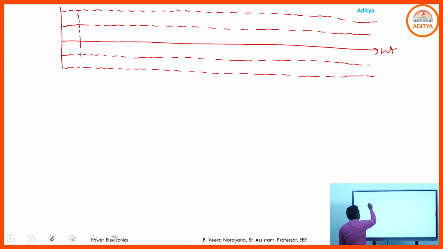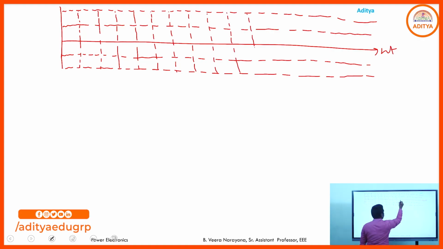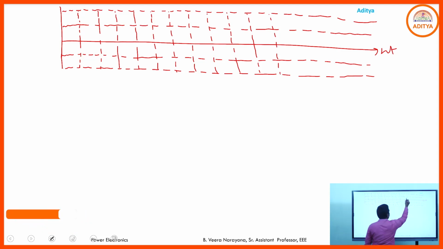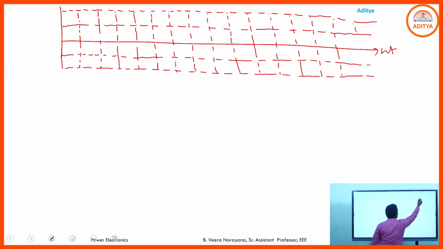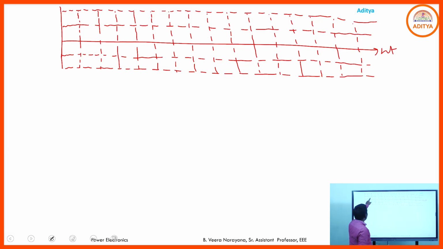This is 30 degrees for example, each one 30. You draw vertical lines like this. After that, for the first 4 boxes, you put the cross mark, like this.